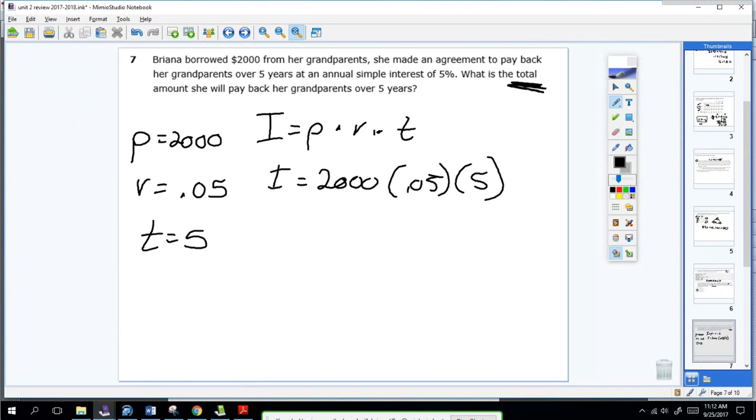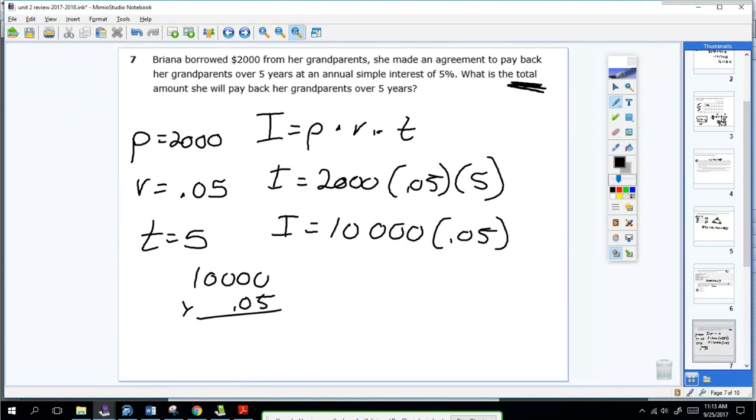I'm actually going to do 2,000 times 5 first. 2,000 times 5 is 10,000. And I'm going to multiply that by 0.05. Move my decimal twice. So my interest I have to pay back is $500.